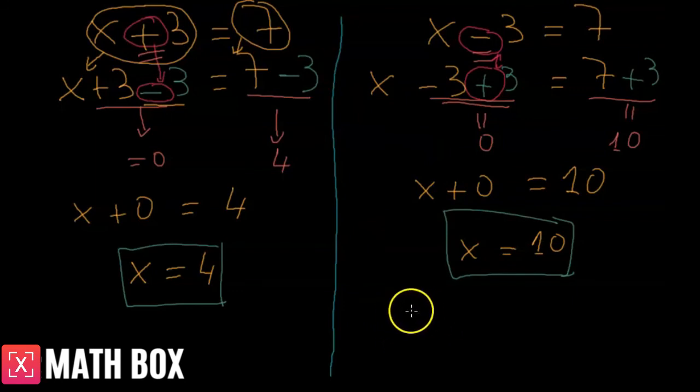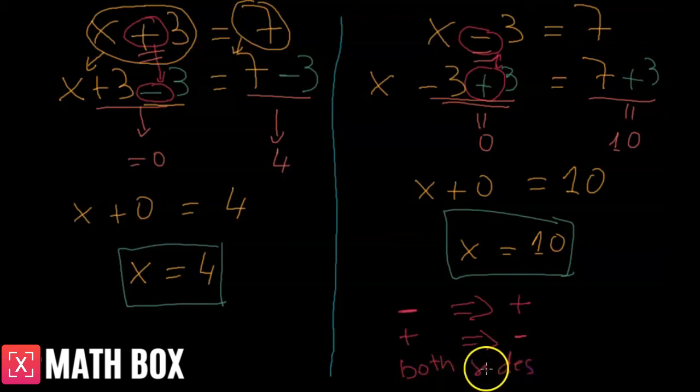If you see the minus, then you should do the plus. If you see the plus, then you should do minus. And of course I do it on both sides, left and right.